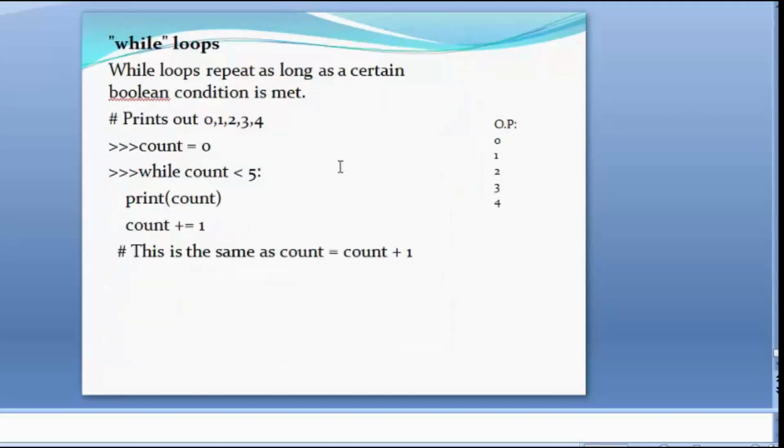And for while loops, we can count as, say count equal to 0, while count less than 5 colon, print count, then count plus equal to 1. This will continue and give us the output 0, 1, 2, 3, 4, that is 5 times the output.